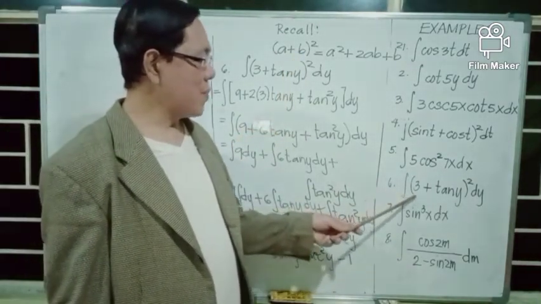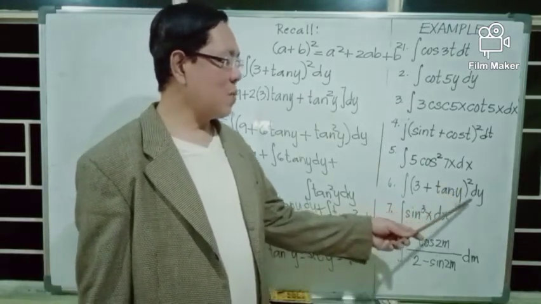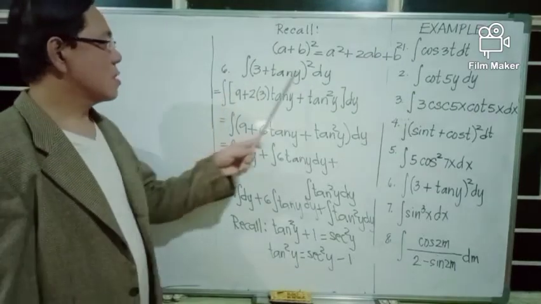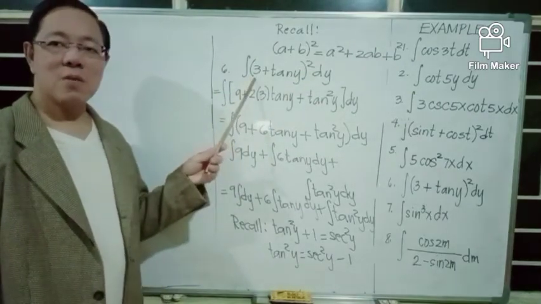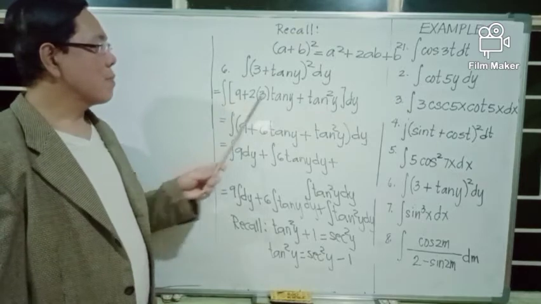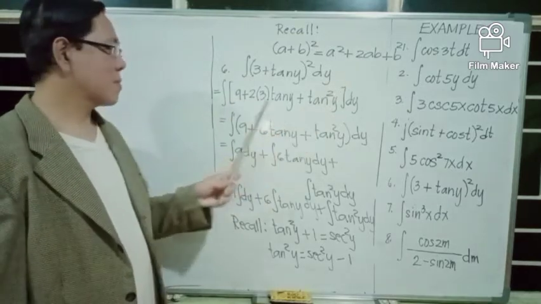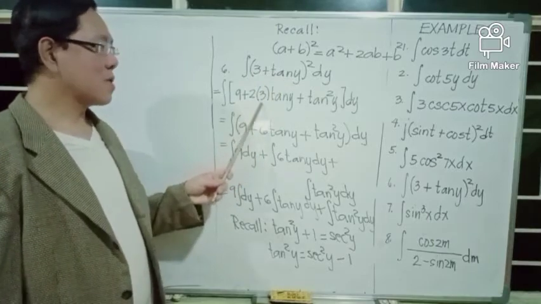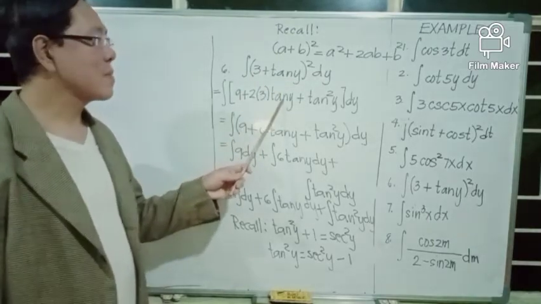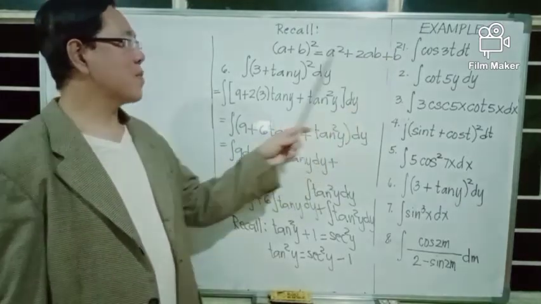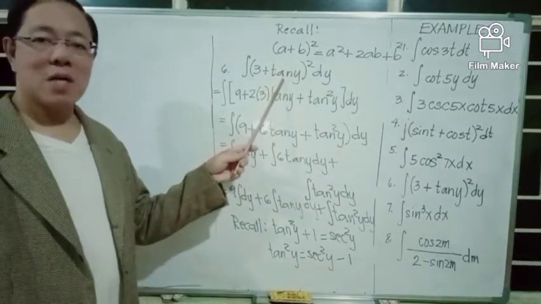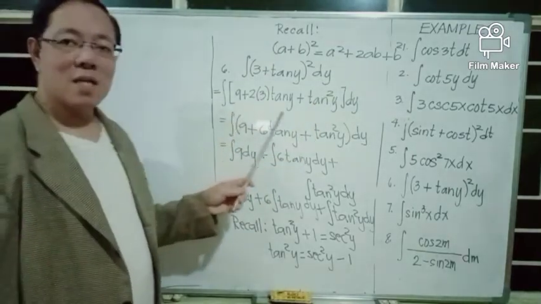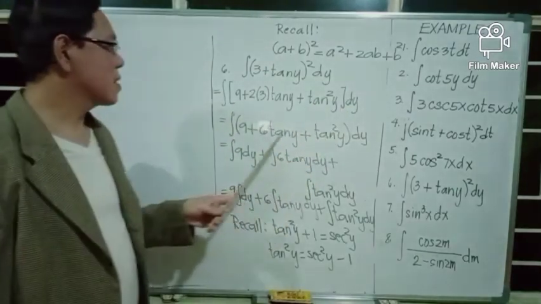Hence, the integral of 3 plus tangent y squared with respect to y is equal to the square of the first term, 3, the square of 3 is 9, plus twice the product of the two terms, 2 times 3 times tangent y, plus the square of the second term. The square of tangent y is tangent squared y.